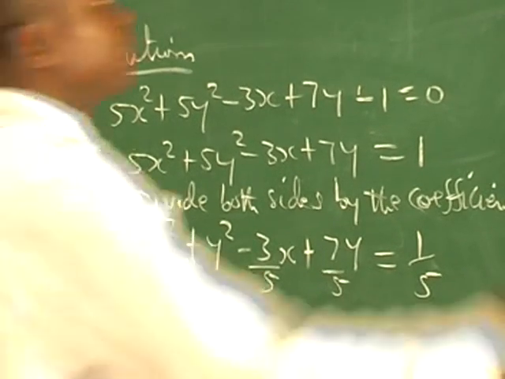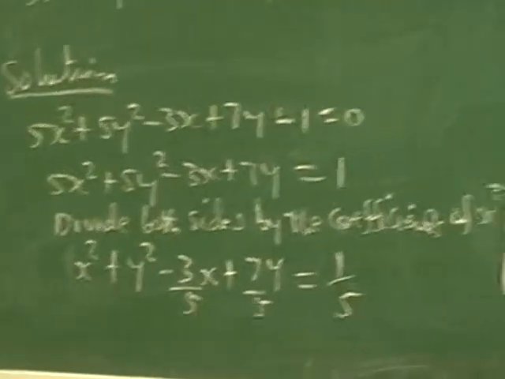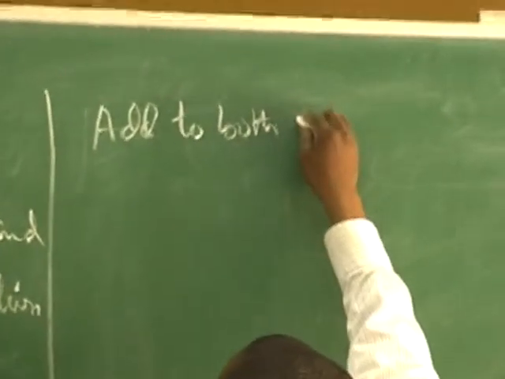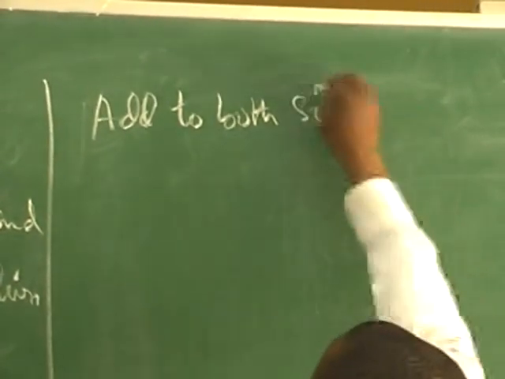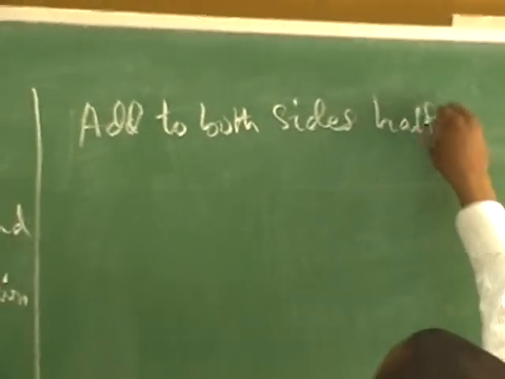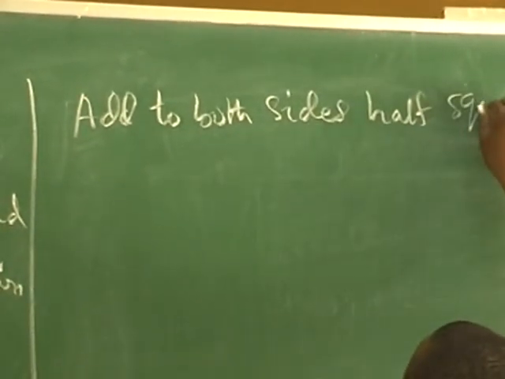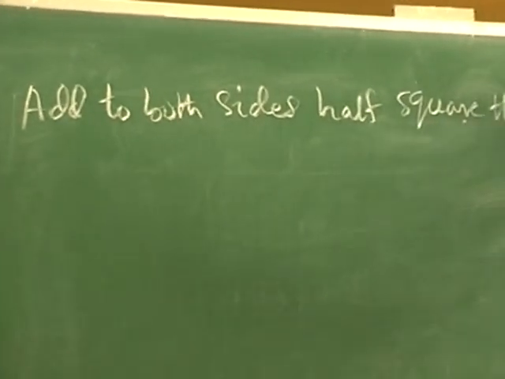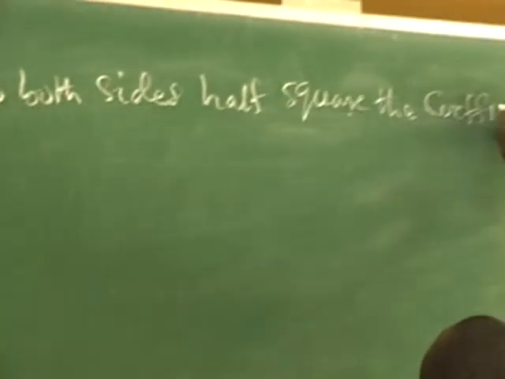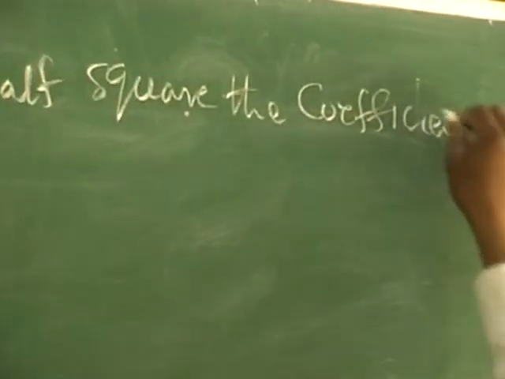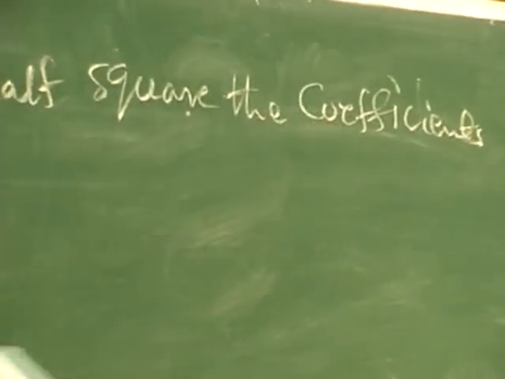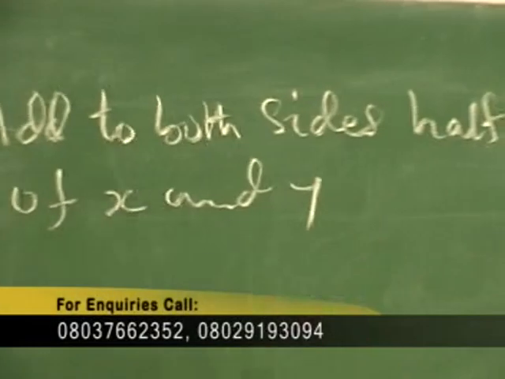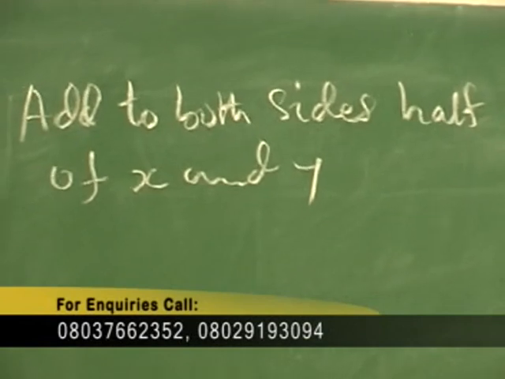Then after that, the next thing I will do is to add to both sides half square the coefficients of x and y.